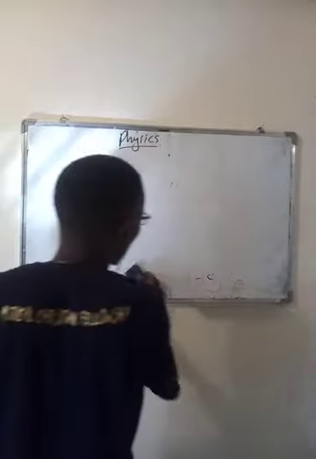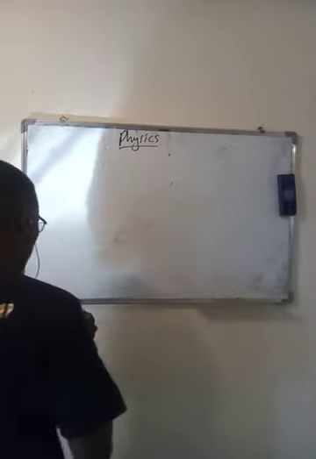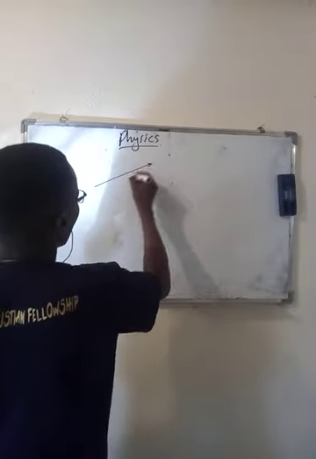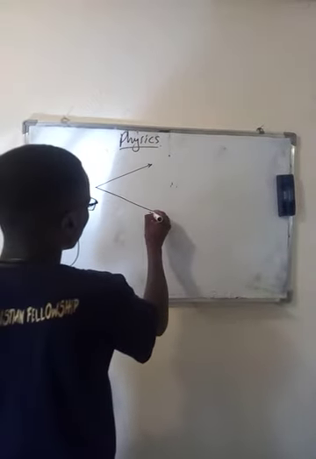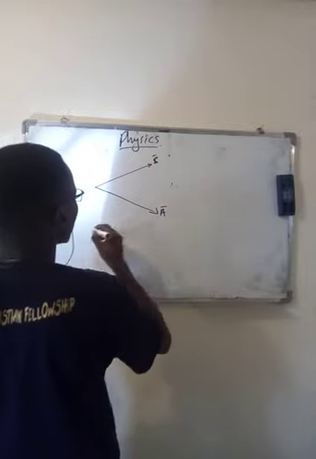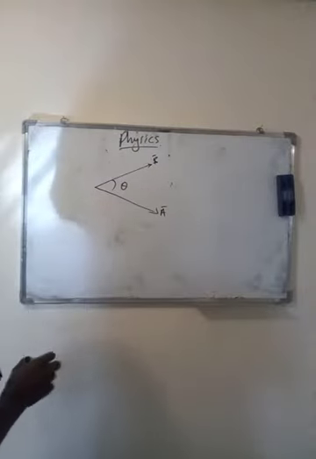Now let's try to get a deeper understanding. Let's have a diagram like this. Let's say this is vector A and this is vector B, at an angle theta to each other.